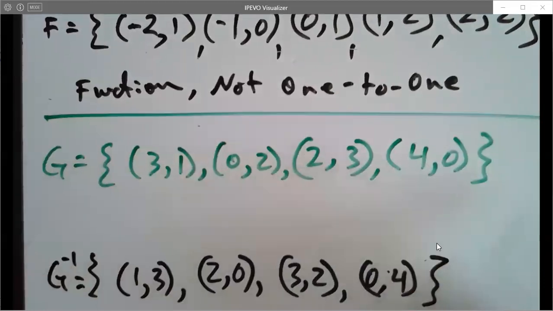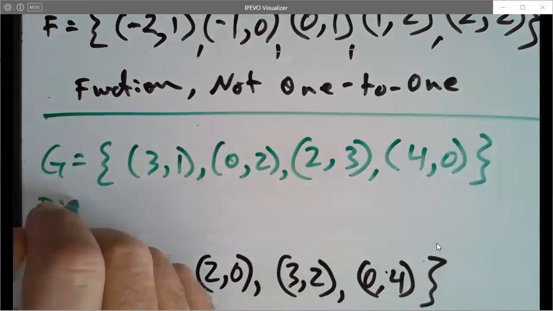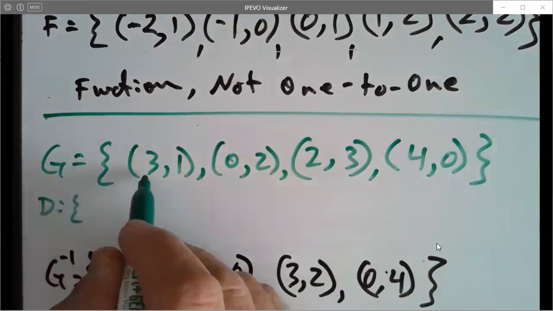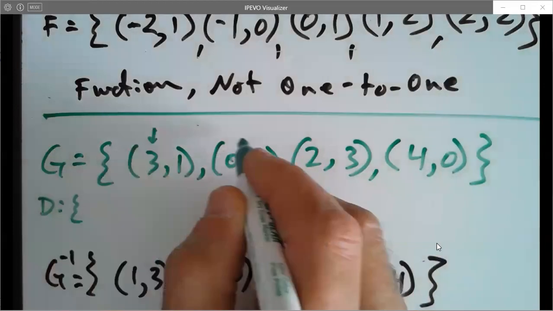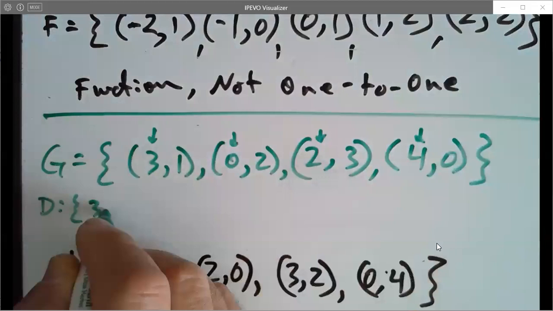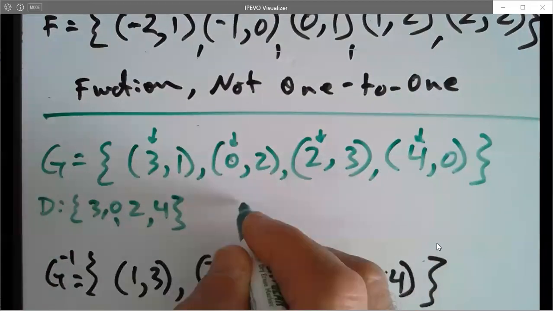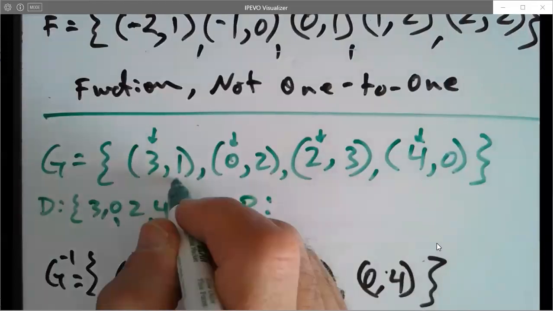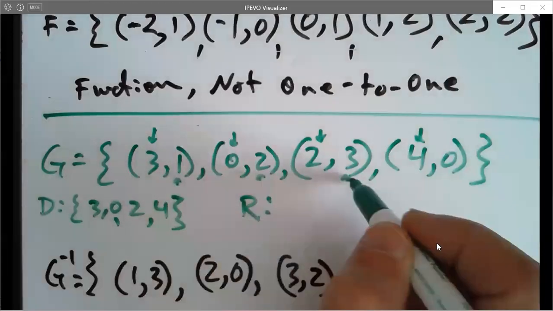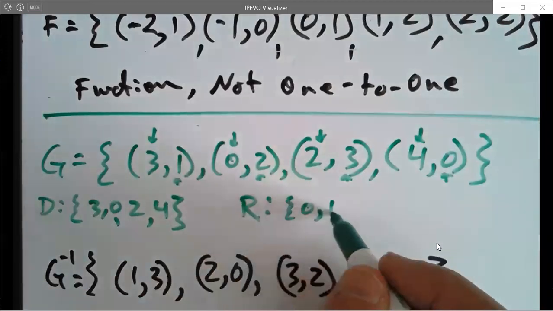Okay, let's look at the domain and range. Domain are all the x values. So it's 3, 0, 2, 4. The range are all the y values. 1, 2, 3, 0. So that would be 0, 1, 2, 3.